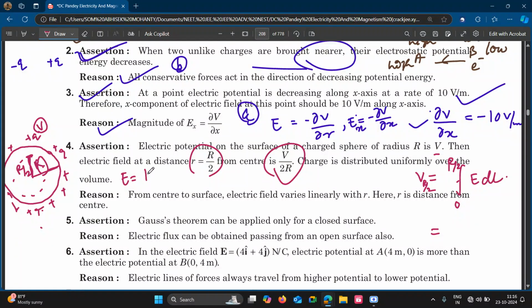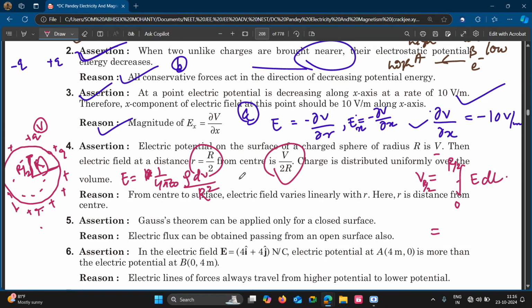So E is KQ, K is 1 by 4 pi epsilon naught, and Q is rho dV, by R square. Why rho dV? Because it is a volume charge distribution over the volume. So rho dV by R square. So what is dV?